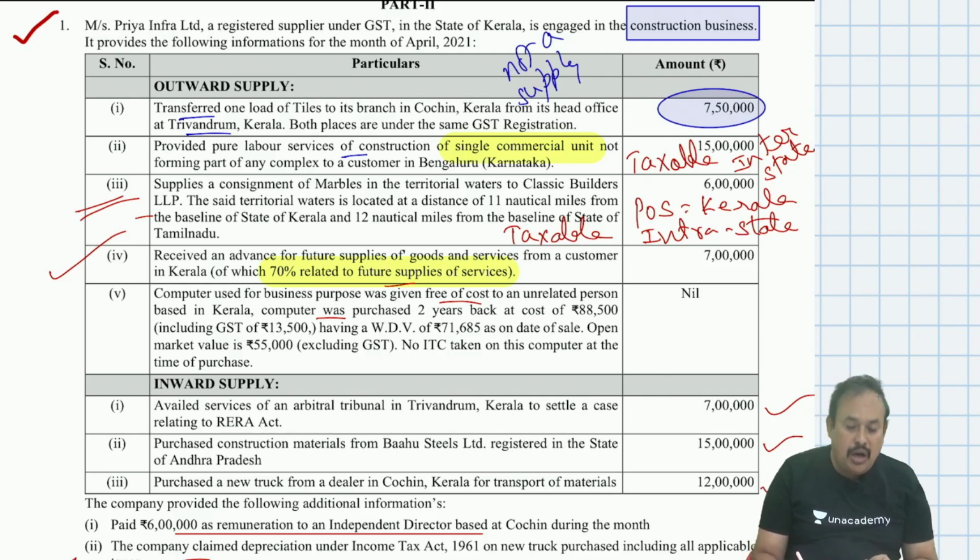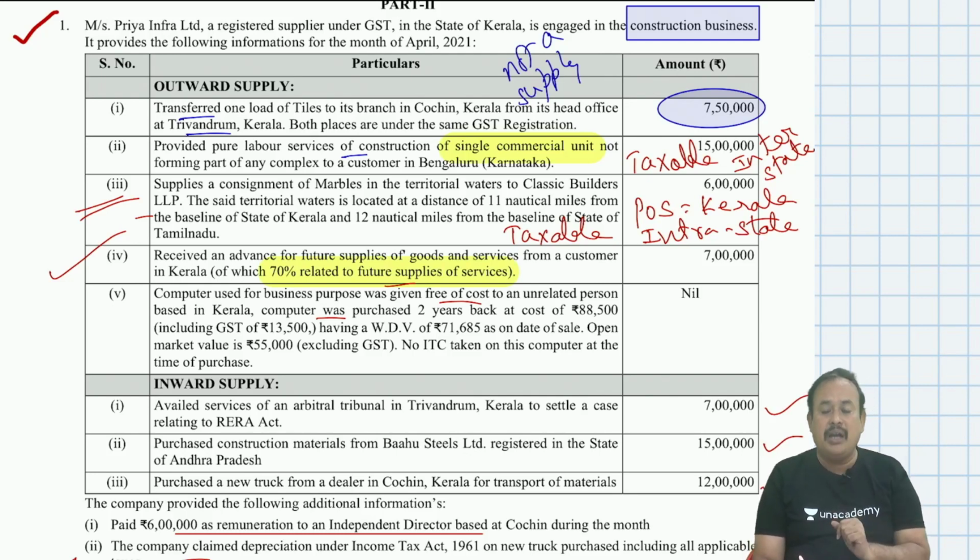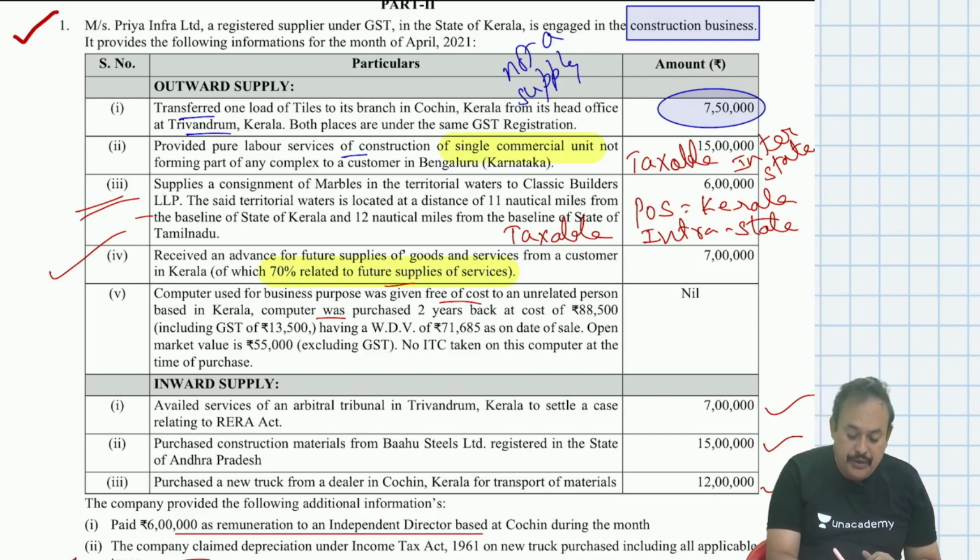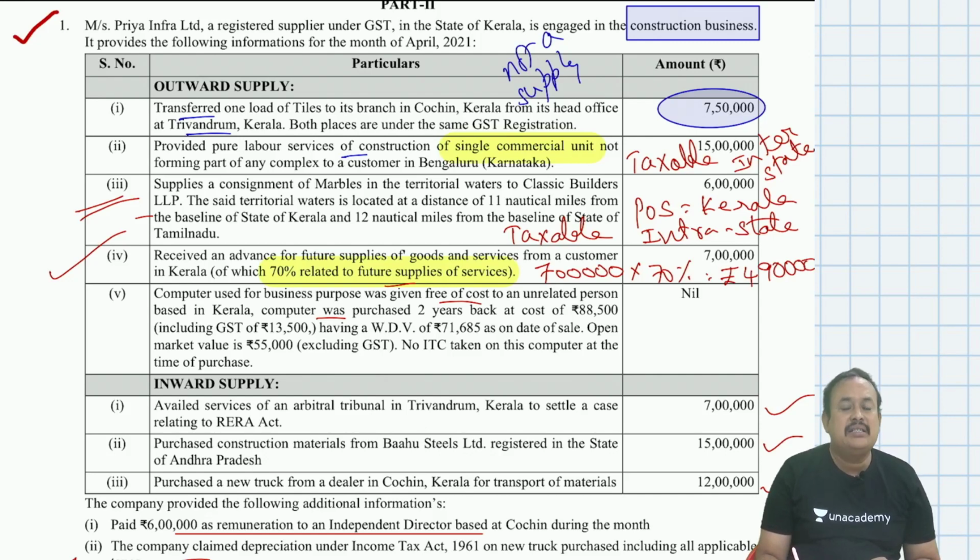Therefore, out of 7 lakhs, 70%, if you refer here, 7 lakh, 70%, 4 lakh 90,000 is taxable supply.